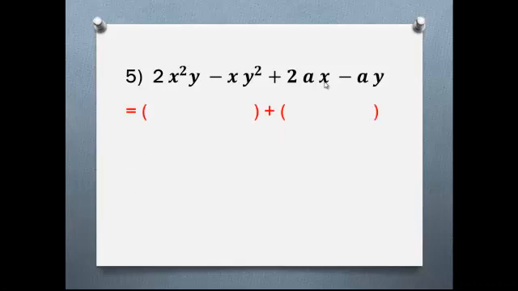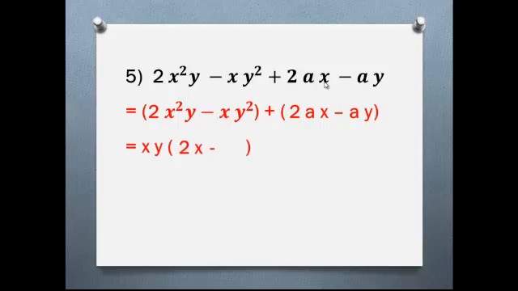Number 5. 2x power 2y minus xy power 2 plus 2ax minus ay. The first group is 2x power 2y minus xy power 2, and the second group is 2ax minus ay. The common factor in the first bracket is xy, and the expression will be 2x minus y.